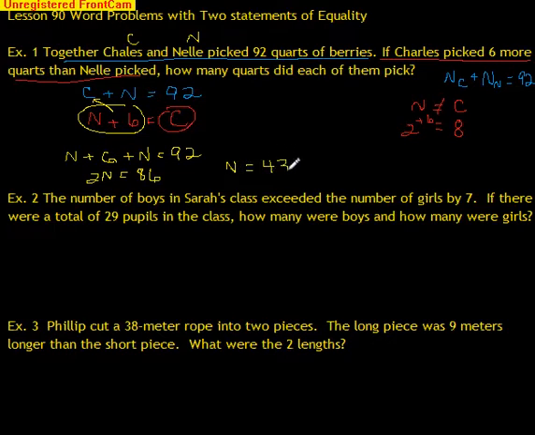That means Nellie picked 43, and Charles picked 6 more, so Charles would equal 49. So that's how we do it. The big thing is going to be this equation right here, because we're going to have to add something on one of the sides to keep it balanced. We know the number Nellie picked and the number Charles picked aren't the same. Charles picked 6 more, so we have to add it onto the Nellie side to make our equation balanced.